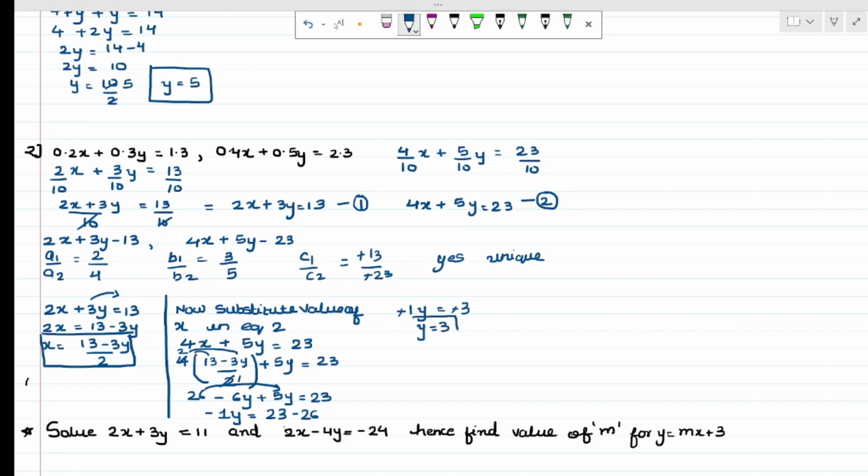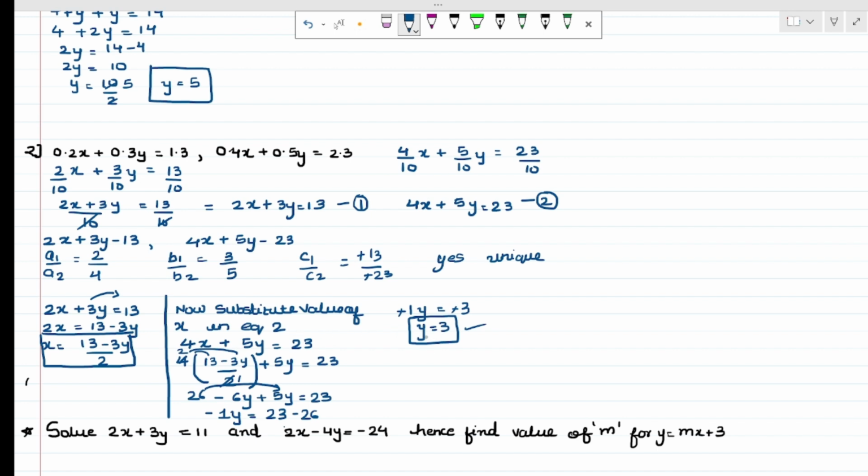Keep this value of y in the box. What did you get as the value of y? I got my value of y as 3. Now, as we did earlier, substitute your y to find the value of x. You can substitute this y in the first equation, in the second equation, or in your x. But I recommend that you always go for the shortcuts.